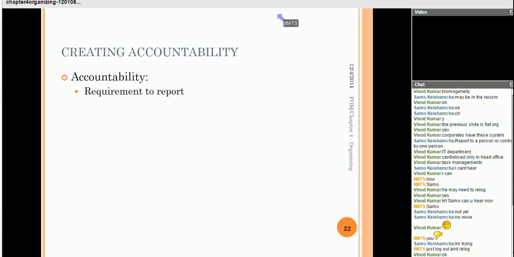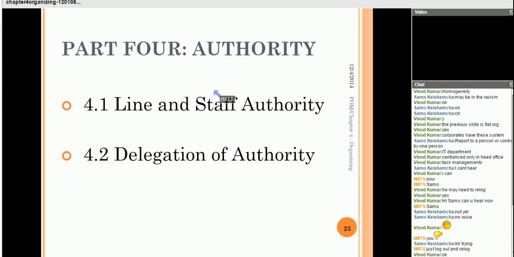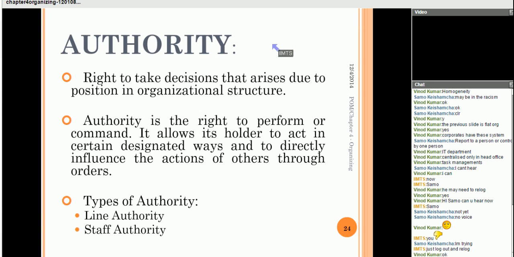Then accountability is when you have the requirement to report. You will be held responsible for a particular thing. Whether it's good or bad, you will be responsible. So next is authority. So what is authority? It is the right to take the decision that arises due to position in an organizational structure.